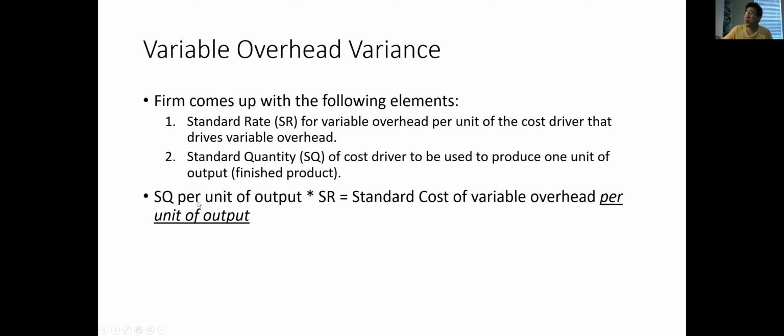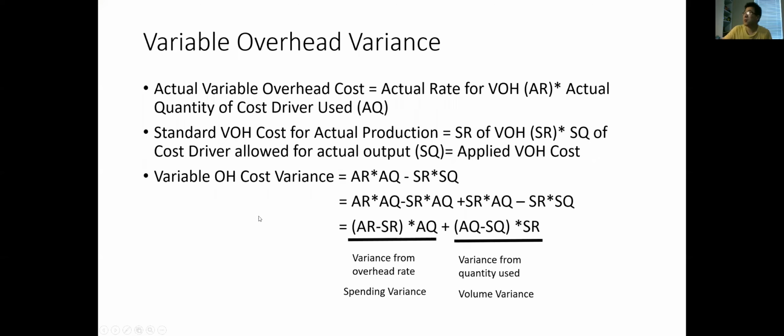Standard quantity per unit multiplied by standard rate gives you the standard cost of variable overhead per unit of output, or per driver, okay? Output is not very accurate here, sorry about that. And the actual variable overhead is the actual rate for overhead times the actual quantity of cost driver. Cost driver is better; I had a typo there.